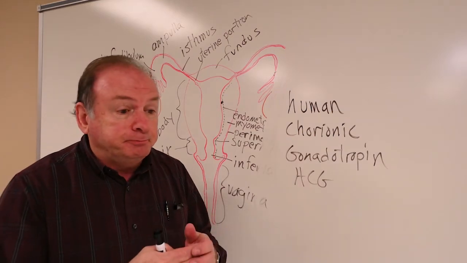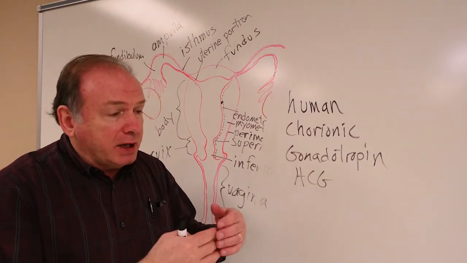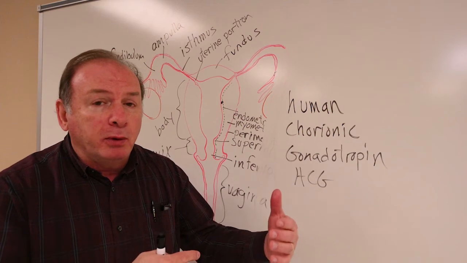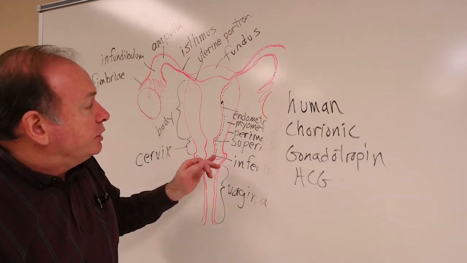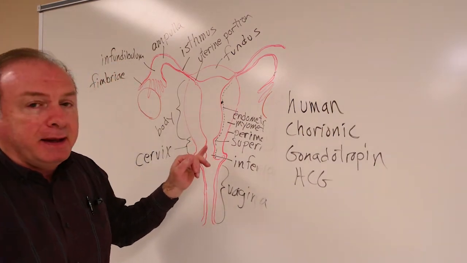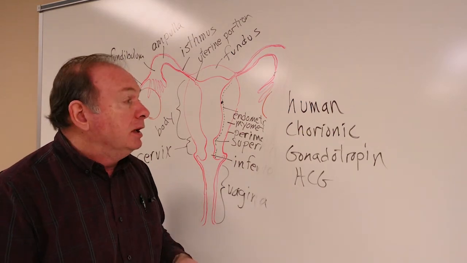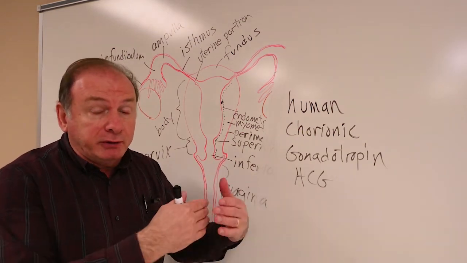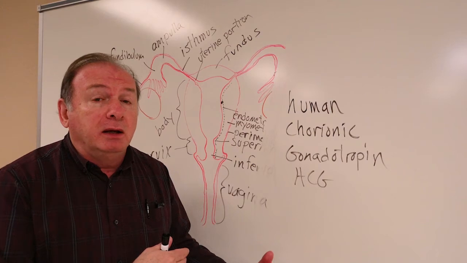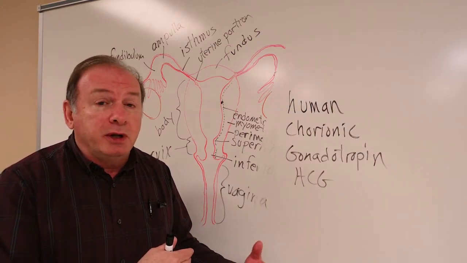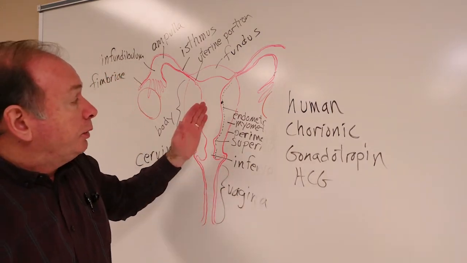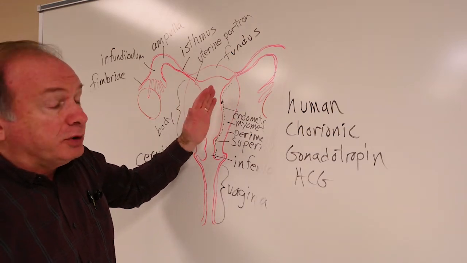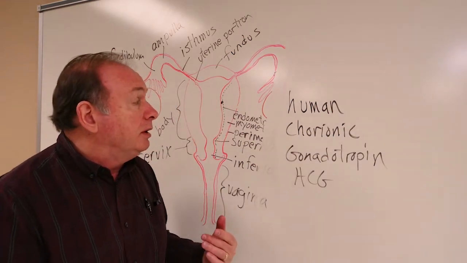So it stays in there producing more and more progesterone, and progesterone is required to maintain the endometrial lining of the uterus. It's the loss of progesterone after the decrease in the corpus luteum, the loss of that hormone, progesterone, that causes the endometrial lining to be lost at menstruation.